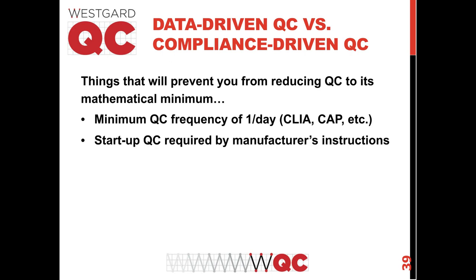Another thing that will force you to run QC perhaps more often than your sigma does is your manufacturer's instructions. If your manufacturer says there's a startup procedure, you need to run QC at the beginning of every day or every certain number of X hours, you have to do that, even if the mathematical advice is run it less frequently.